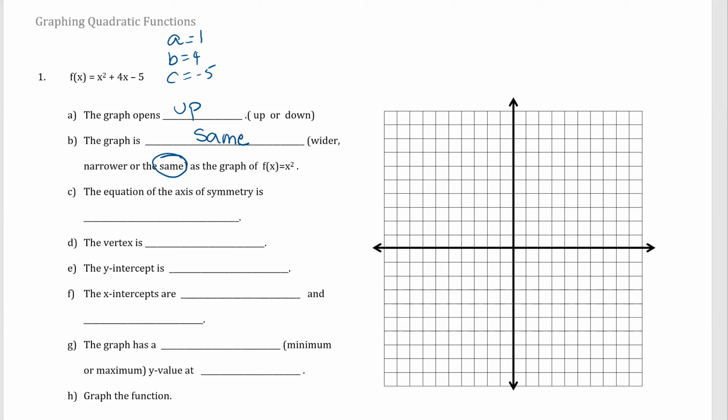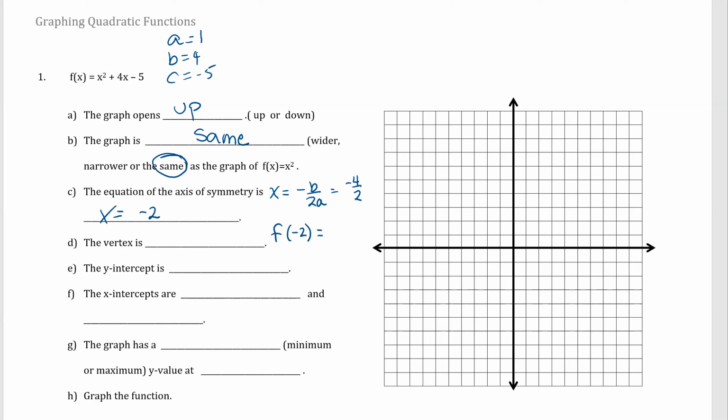The axis of symmetry we find by calculating x is equal to negative b over 2a. To find the vertex, we then find f of negative 2.